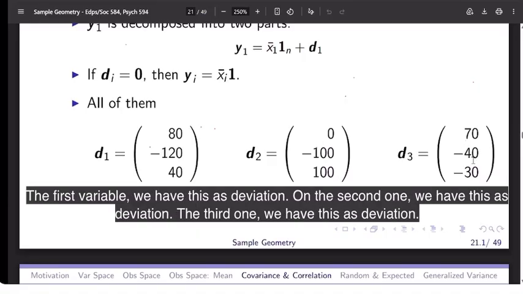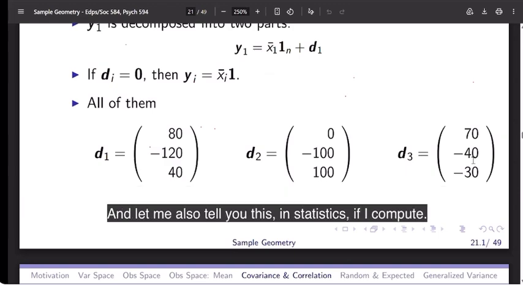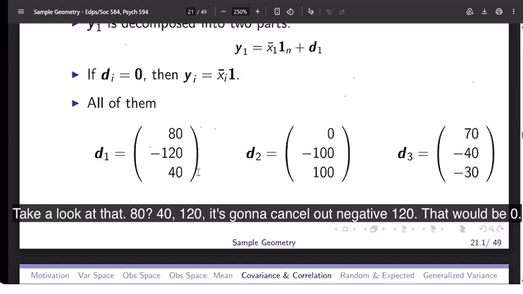Let me also tell you this: in statistics, if I compute deviation and I want to know if I'm right, if I add all values in the deviation, it should be zero. Take a look at that. 80, 40, 120 is going to cancel out negative 120. That would be zero. So the sum of the deviation has to be equal to zero statistically.